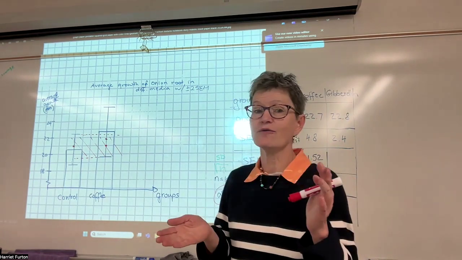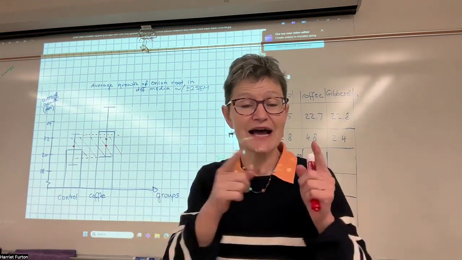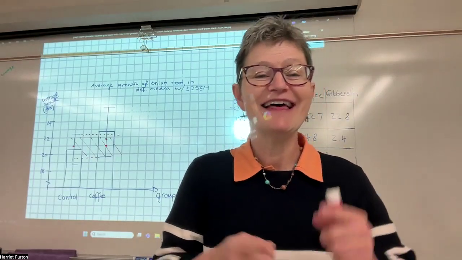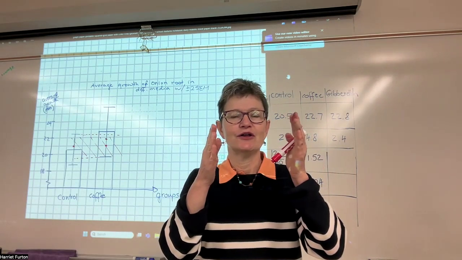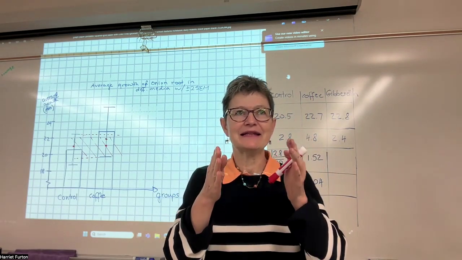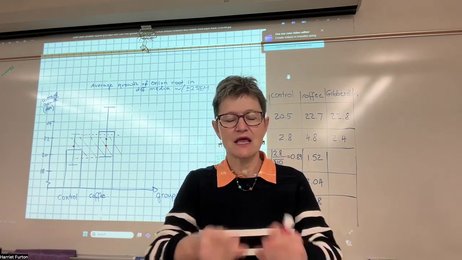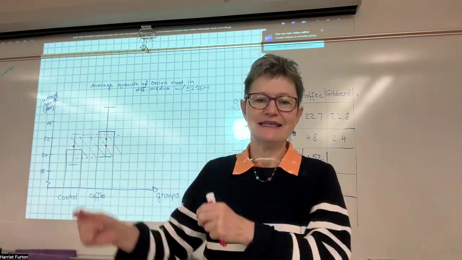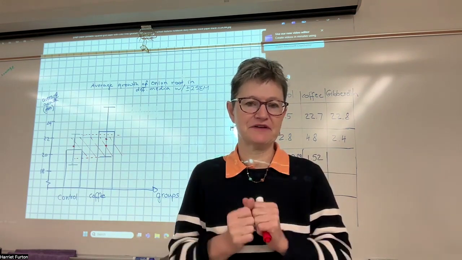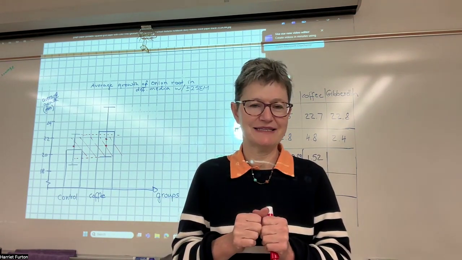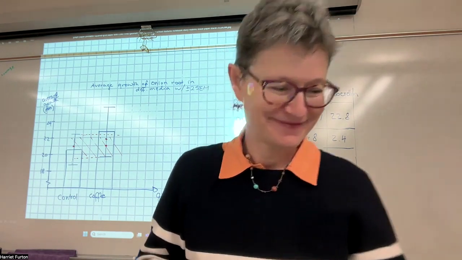If they don't overlap, that means you are 95% confident that the independent variable affects the dependent variable, because there's a difference in the two means. How about that? Have a good day.